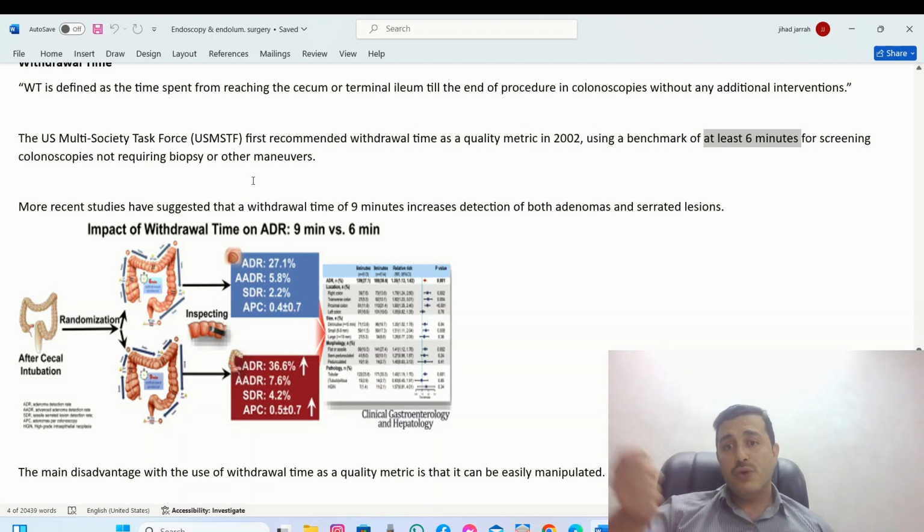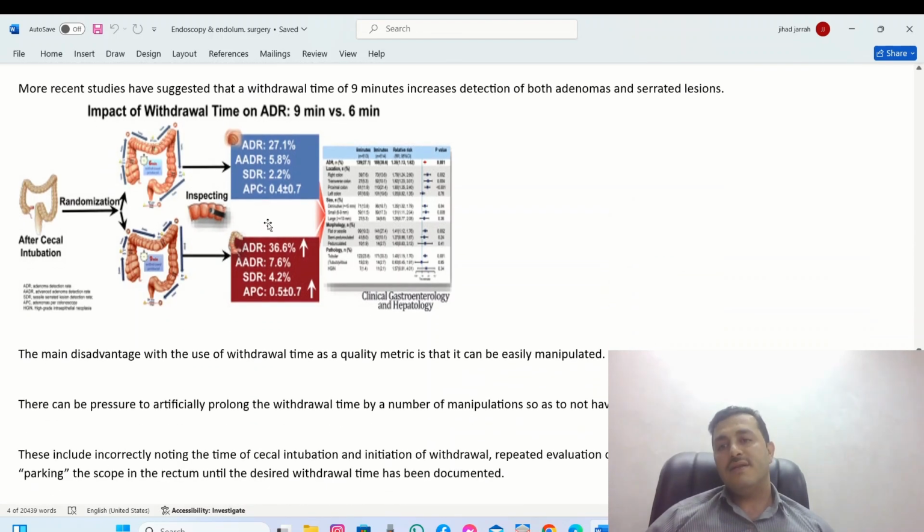The longer the withdrawal time, the better the quality of the colonoscopy. And you can see here in this picture they compare between 6 and 9 minutes withdrawal time. Here in 6 minutes you can see the adenoma detection rate is 27, whereas in 9 minutes it is higher.